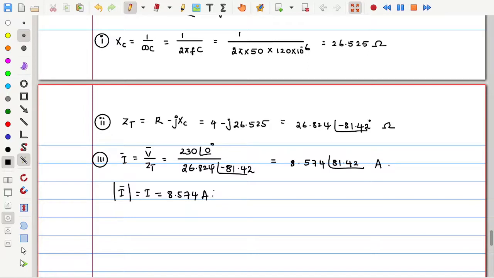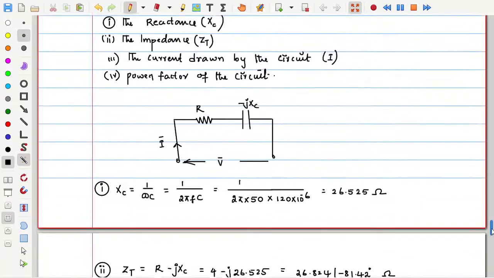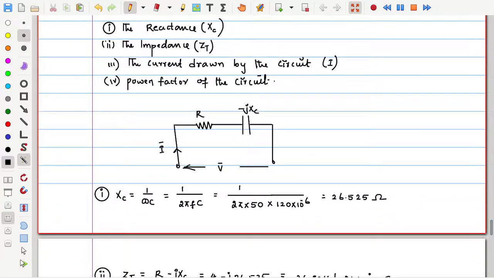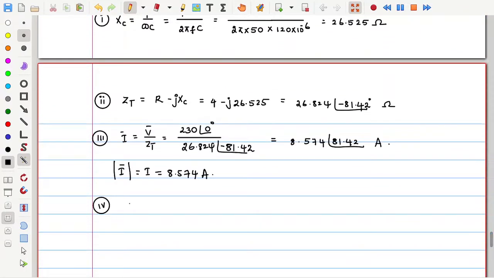Okay. So next is the fourth one. You can calculate the power factor. Once we know the power factor angle, we can calculate directly. Do we know the power factor angle? Tell me. So power factor is equal to cos theta, which is equal to cos of the impedance angle.